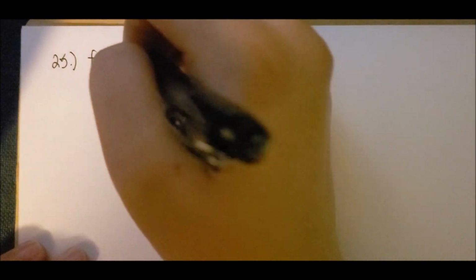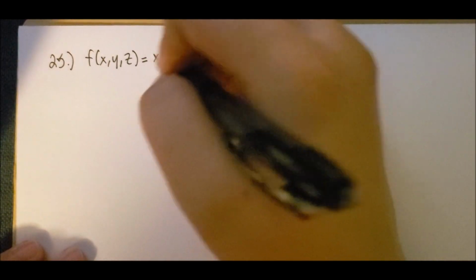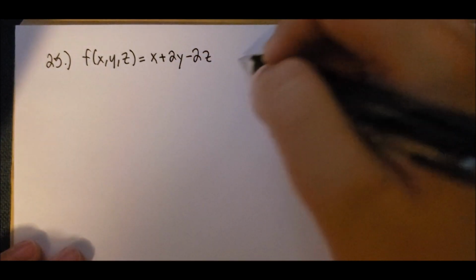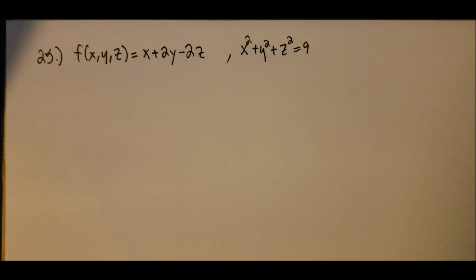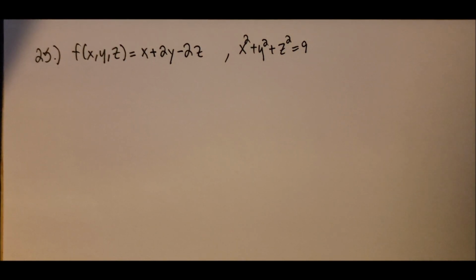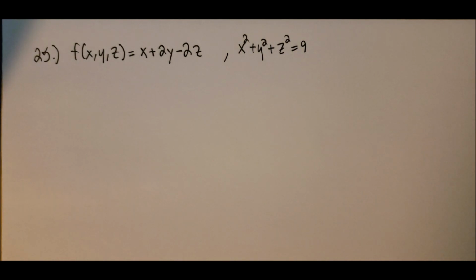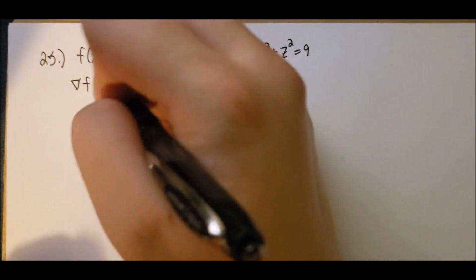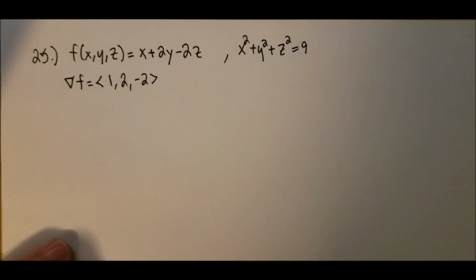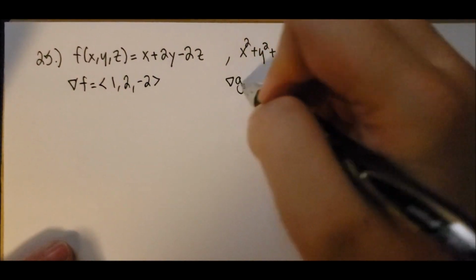So 25. I have 3 variables, but that doesn't really change anything. So the gradient of f, gradient of g.